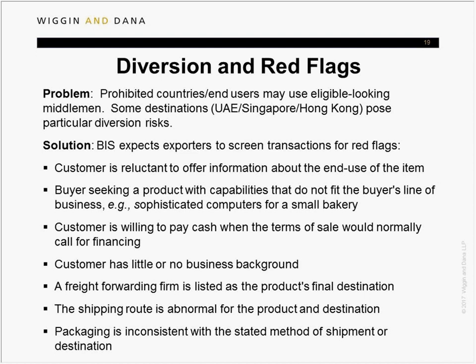If the customer is evasive and won't tell you why they want to buy the item, if they're buying a product with capabilities that don't seem to match their business or the country that it's being exported to, if they want to pay cash, even though a sane person would want to take financing options, those kinds of things are red flags that the government expects you to be aware of before you make an export. And if you aren't suitably diligent, then that can result in a violation of the country prohibition or the end user or end use prohibitions.